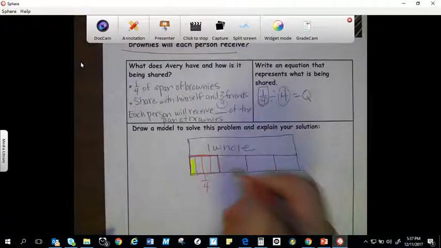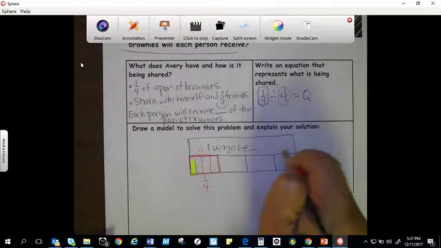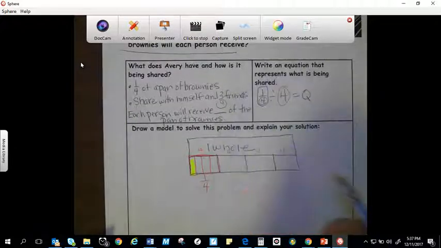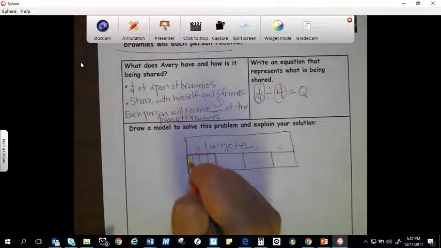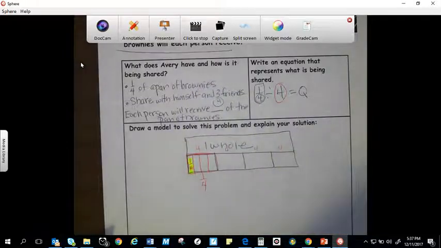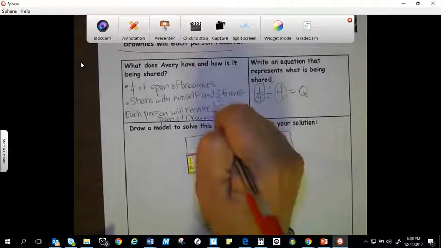So take a look at this. I have 4, that would be 4, that would be 4, that would be 4. How many total equal parts then do I have? That's right, 4 times 4 is 16. So each one is going to be valued at 1/16 of a fraction. So each person will receive 1/16 of the pan of brownies.